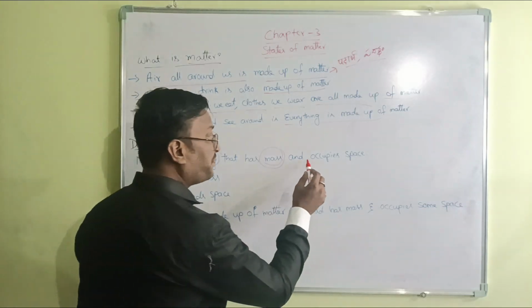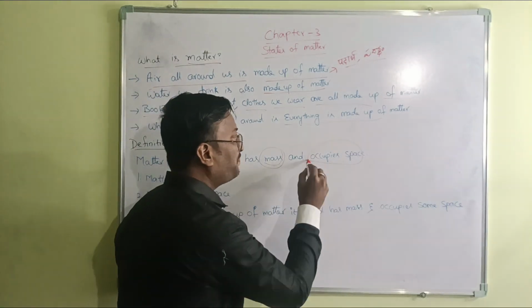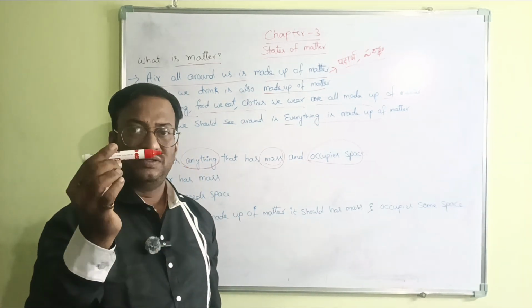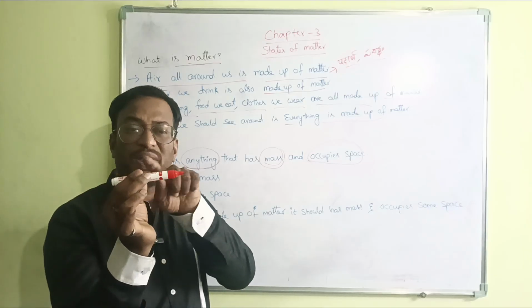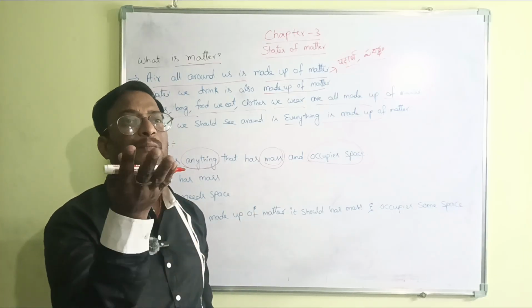And matter occupies space. I am considering this pen as matter. This pen has some sort of weight, right? Definitely. And it is occupying some sort of area. So that is why this is considered as matter.